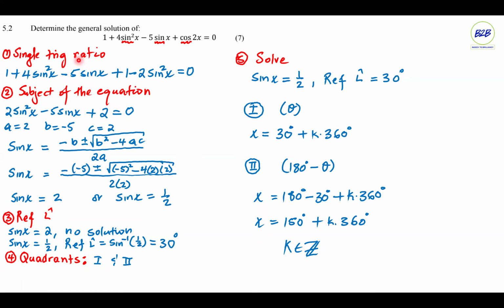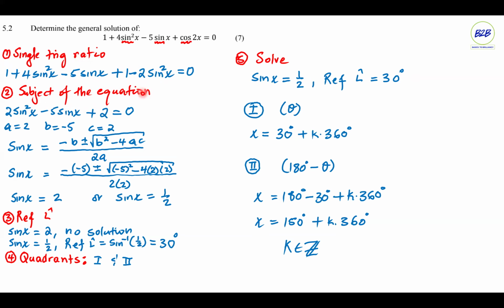Either you use your trigonometric identities like we did here, or you use your reduction formulae within the CAST diagram. The second objective is to make the trigonometric ratio that we achieved in step 1 the subject of the equation.